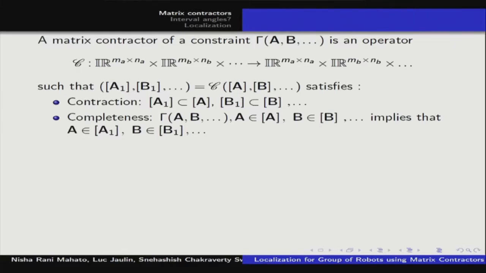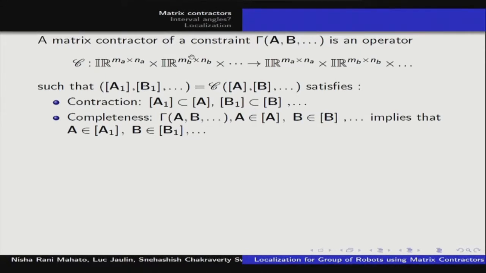You have, as an input of a matrix contractor, interval matrices, and several interval matrices as an output. You return also a list of matrices. So here I write, if as the output of the contractor I have A1, B1, and so on, where by the square we mean interval matrices, we still have the contraction and the completeness.